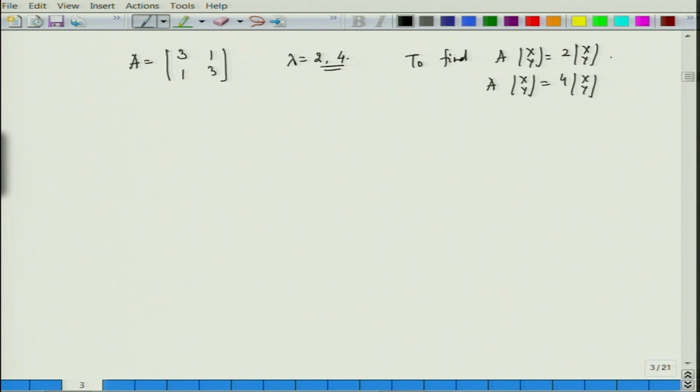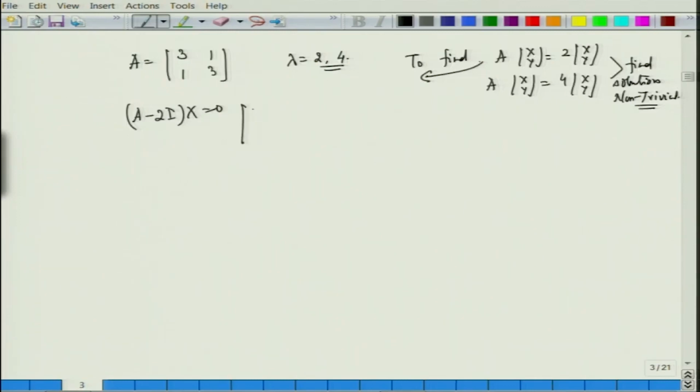I want to find solutions here, which are non-trivial solutions. So, the first one takes us to looking at (A minus 2I) times x equal to 0.